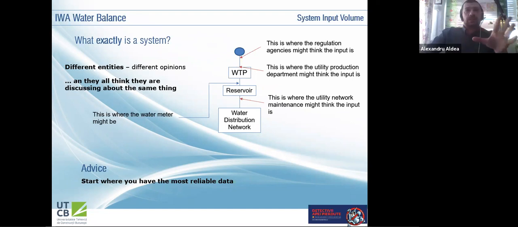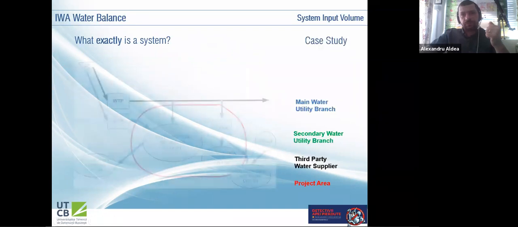But since this is a simple example, I will show you an example that happened to me some years back, when I didn't have a very small network, but a water supply system. Let me show you a schematic of how that system was.